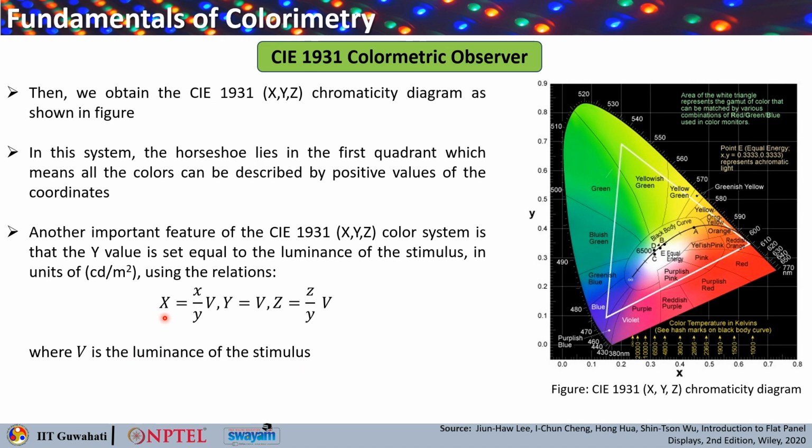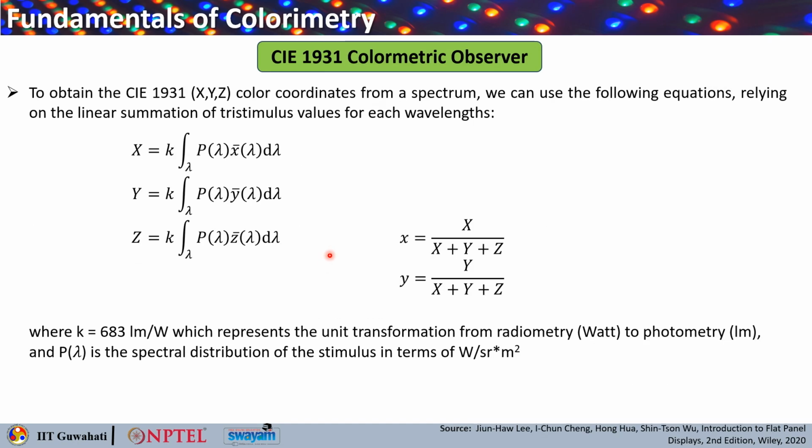You can obtain capital X as small x by y times V. Capital Y is your luminance value. So, you use capital Y for luminance, and capital Z can be obtained as small z by y times V. Now, we have obtained capital X, capital Y and capital Z.